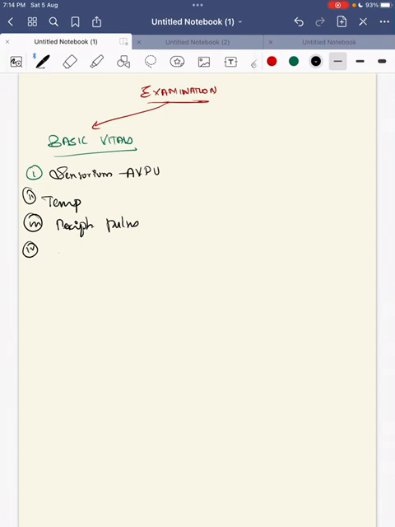Fourth, you have to look for tachycardia, heart rate, whether the child is presenting with tachycardia or not. Fifth, BP, respiratory rate, urine output, and saturation. Okay.